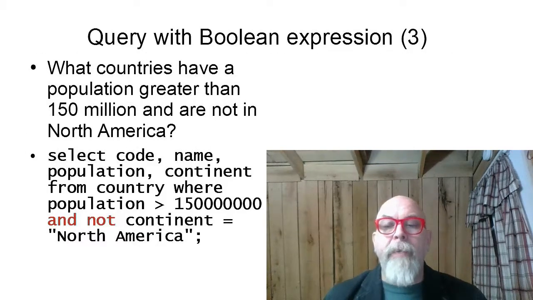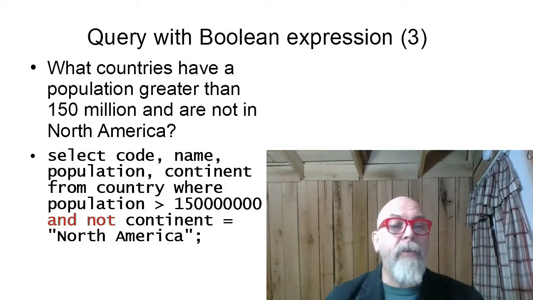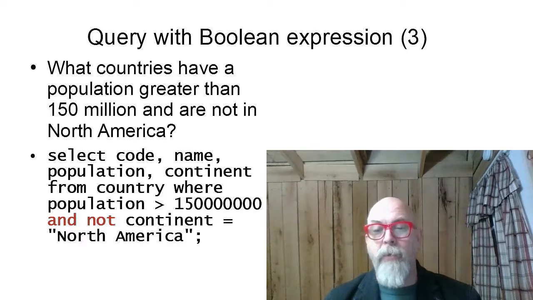In our third example, I'm using a combination of AND and NOT to figure out what countries have a population greater than 150 million people and are not in North America. So you can see that I'm doing select from country where population greater than 150 million and not continent equals North America.